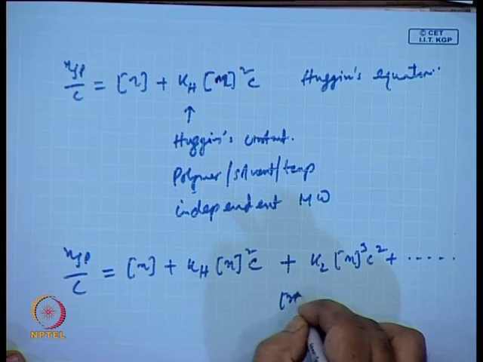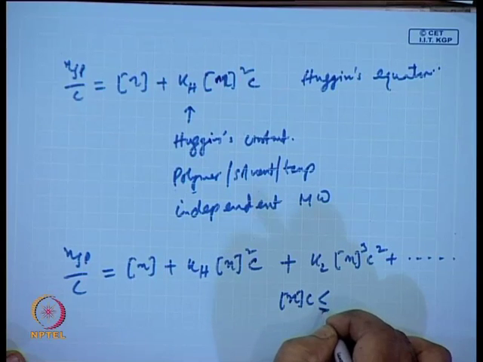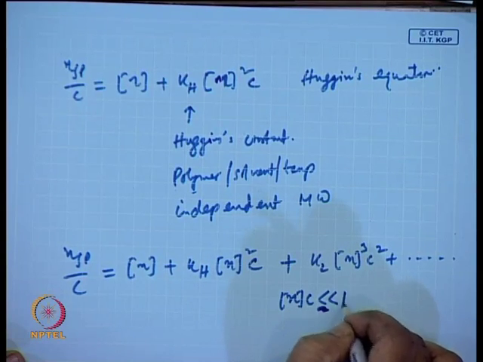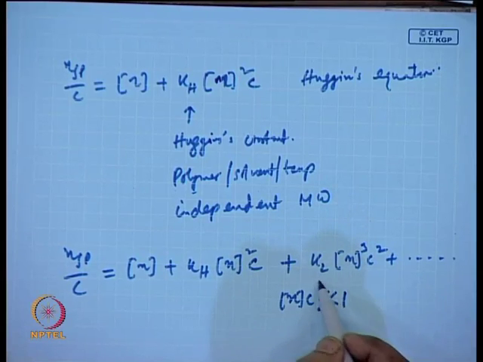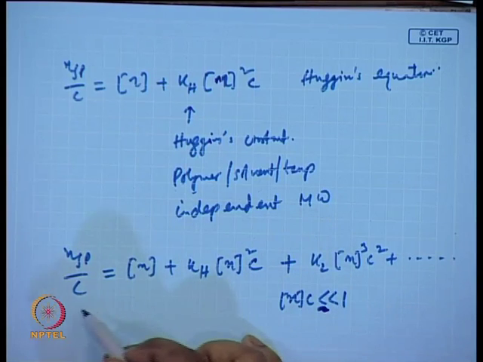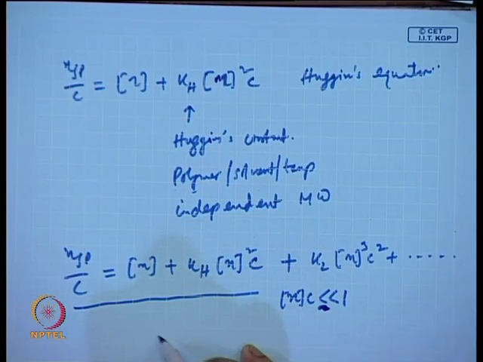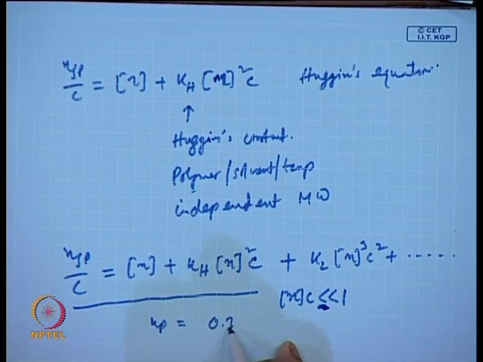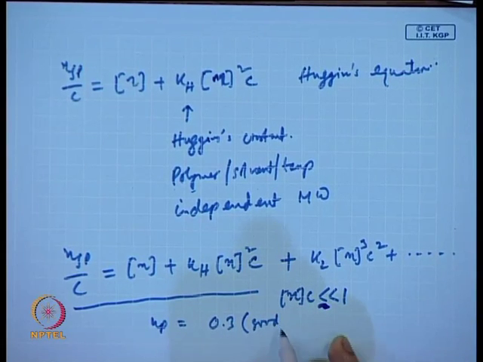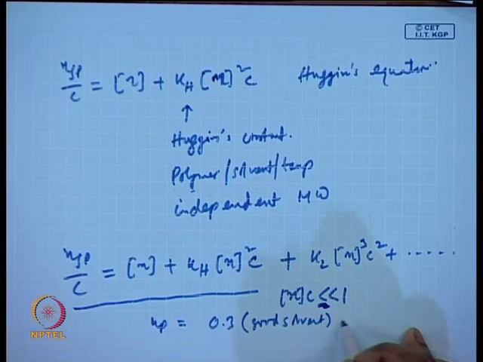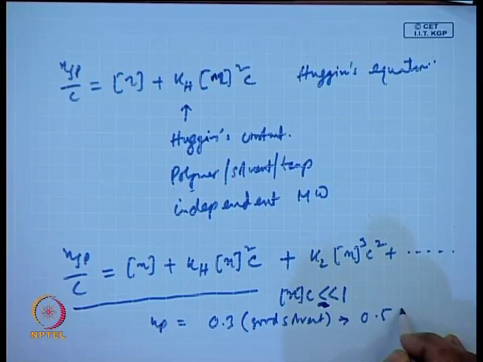If eta C is much less than 1, you can ignore the higher terms, C squared onwards, and then you end up getting the Huggins expression again. So, only in case of dilute solution you can consider only up to this, these higher terms you can neglect. kH has a value between 0.3 for good solvent to 0.5 for poor solvent.